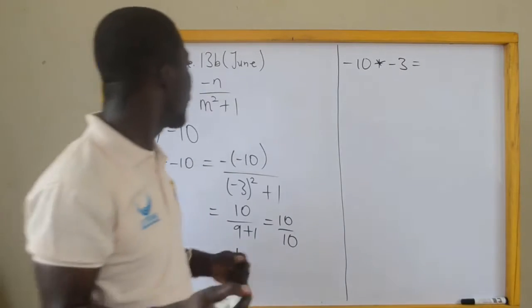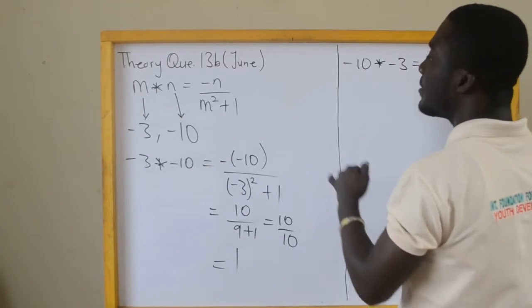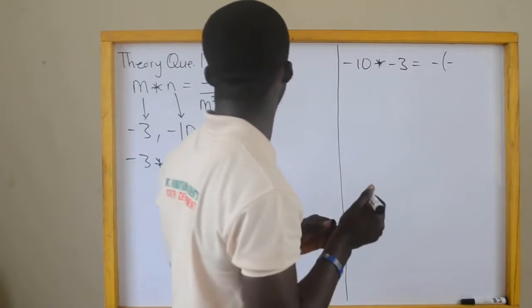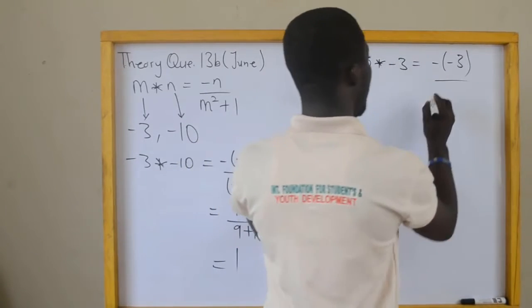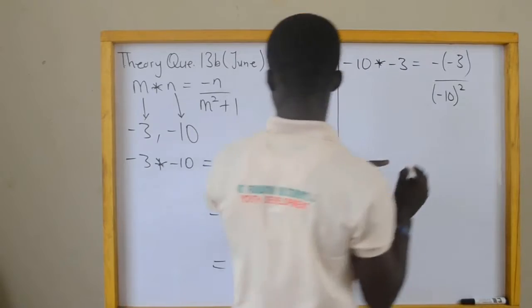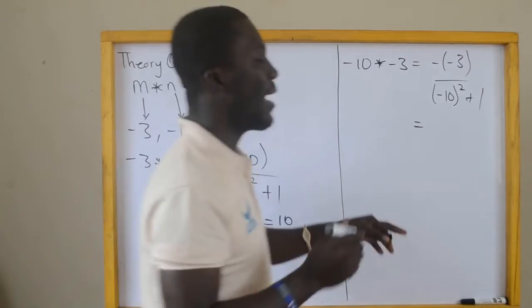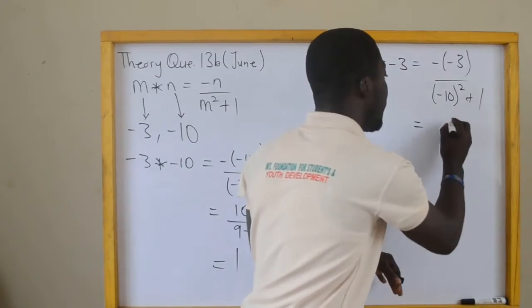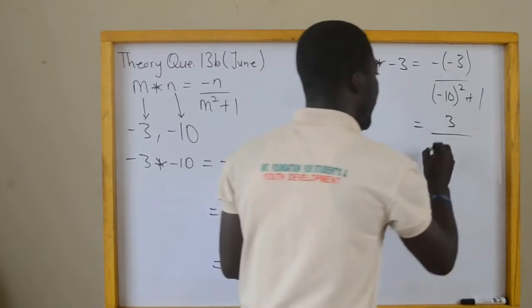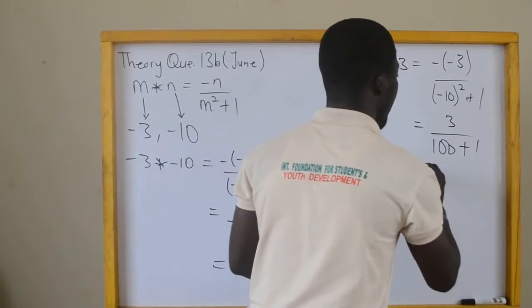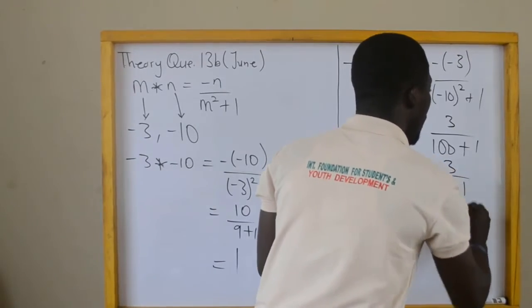So rewriting this, the value of n is 3 over negative 10 squared plus 1. At the numerator side, we have 3, and negative 10 squared is 100. 100 plus 1, and at the end we get 3 over 101.